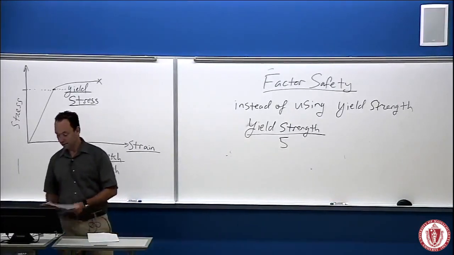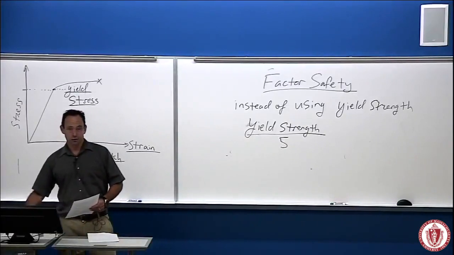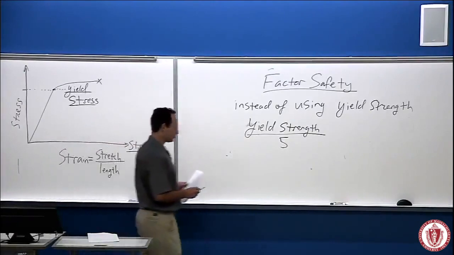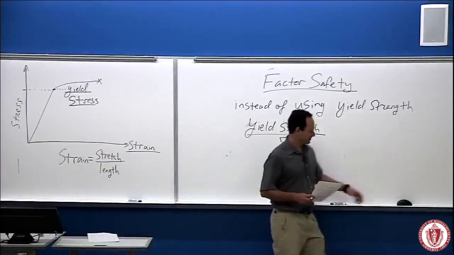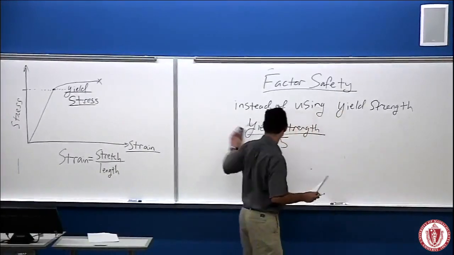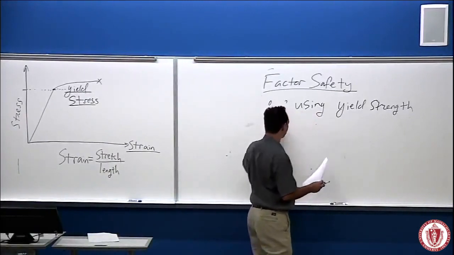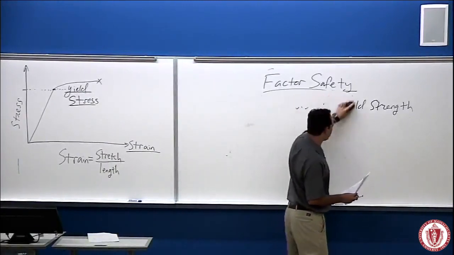All right. Now, there's all kinds of stress. I'm sure you know that now that you're a college freshman. We're going to talk about something called hoop stress, which is a common stress that we're particularly concerned about in our design process.